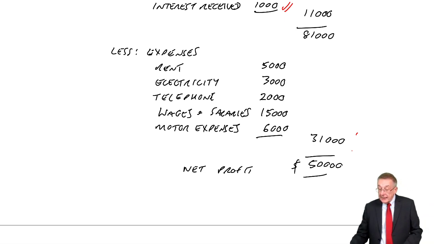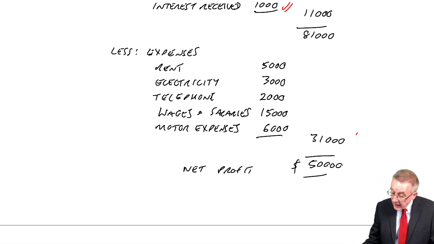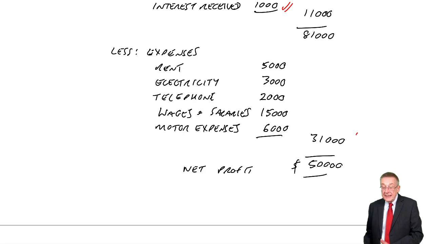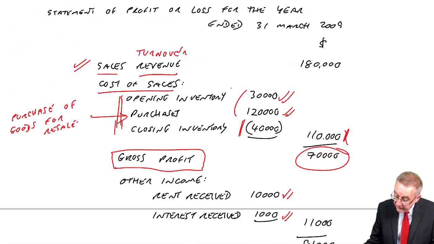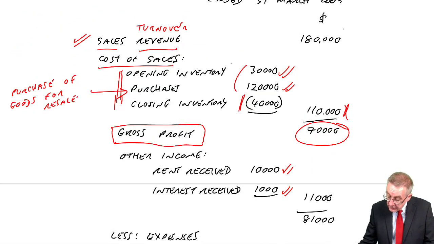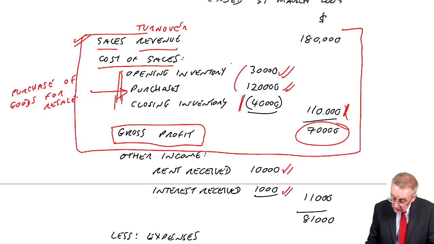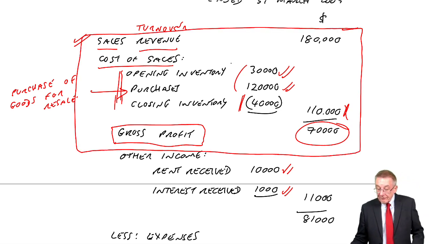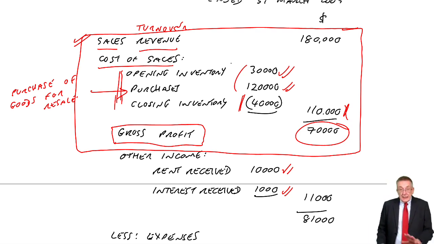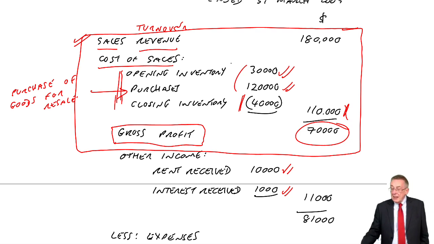Finally, though, trading account. Although there's our whole statement, if ever we're referring for any reason to this little bit, we don't give it a heading, but if ever I wanted to refer to that bit, we call that bit the trading account.